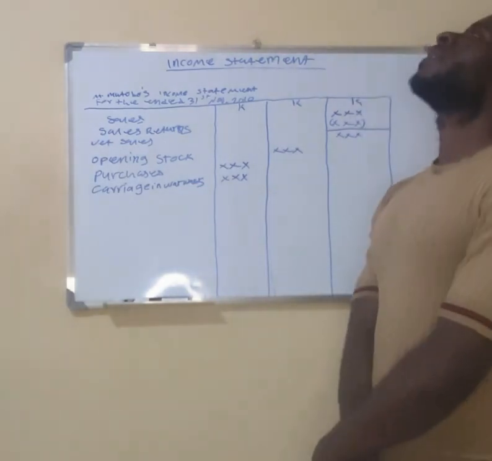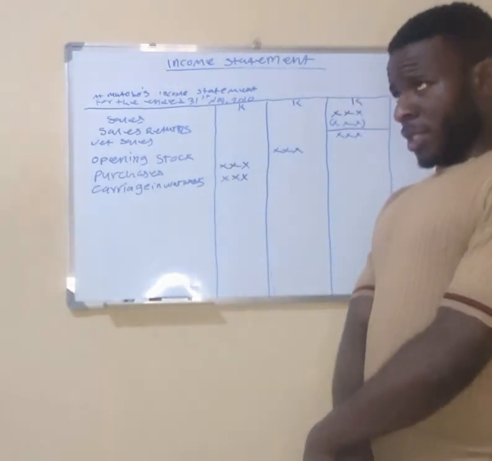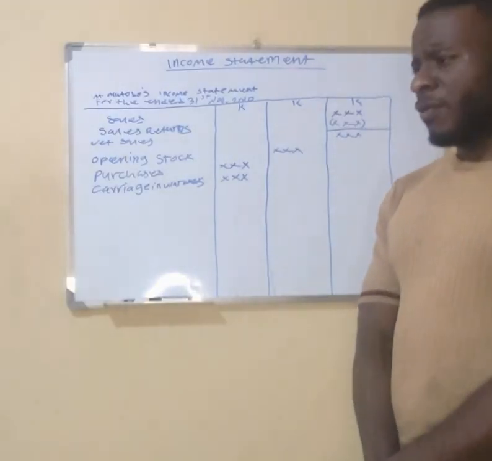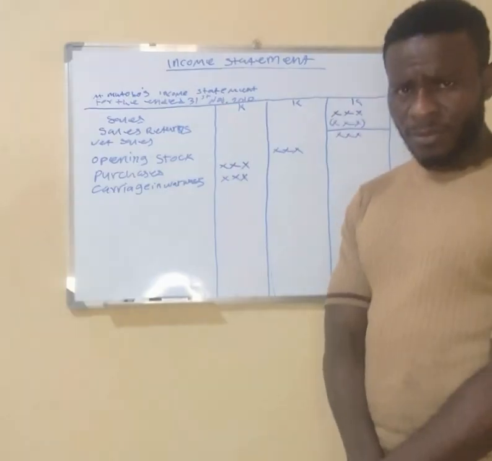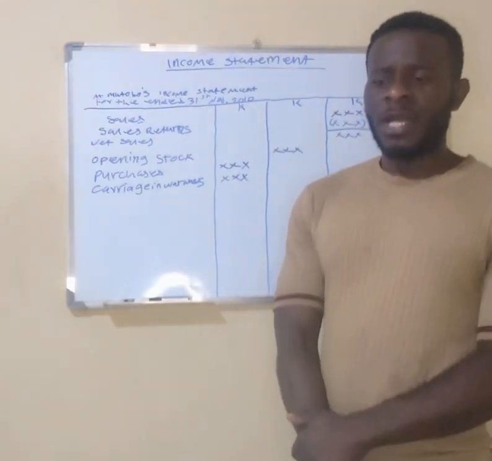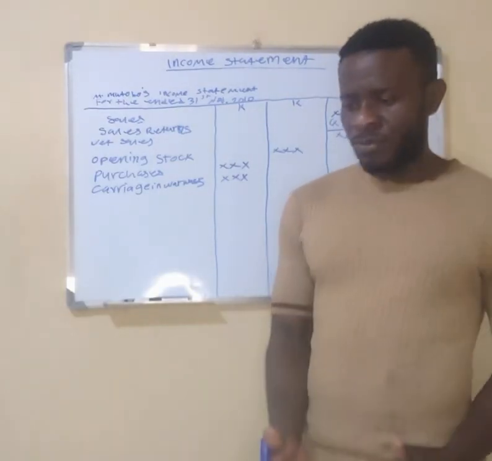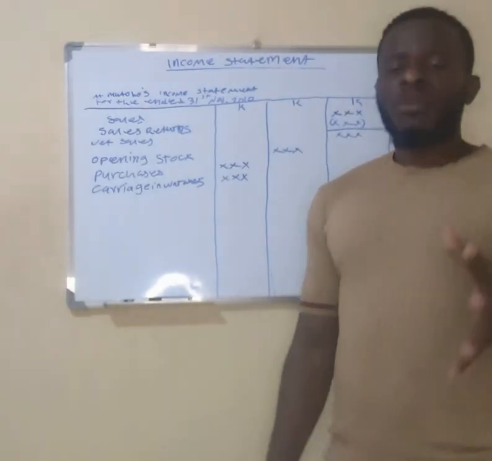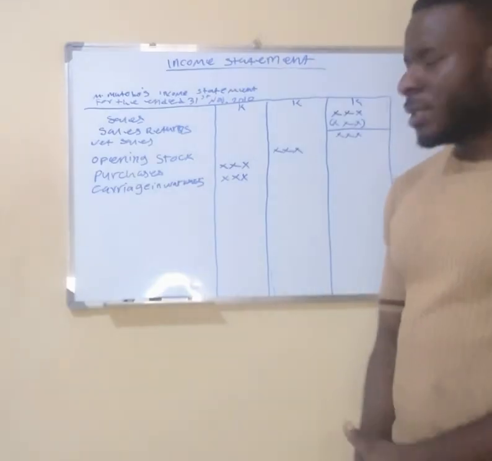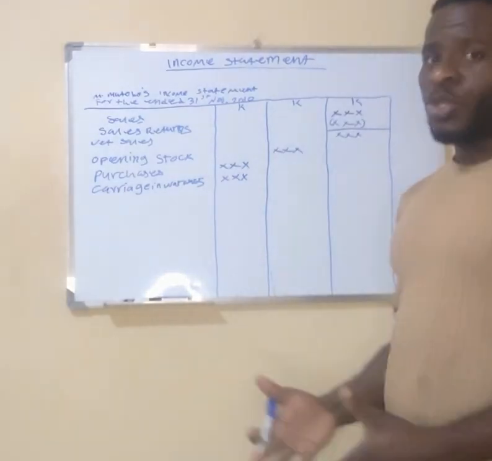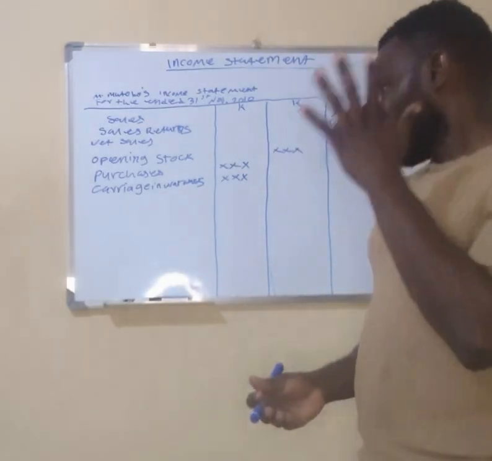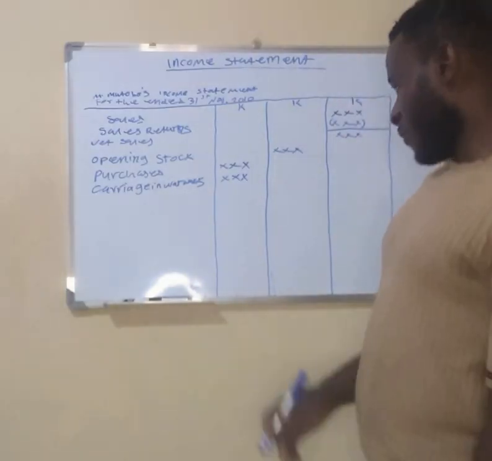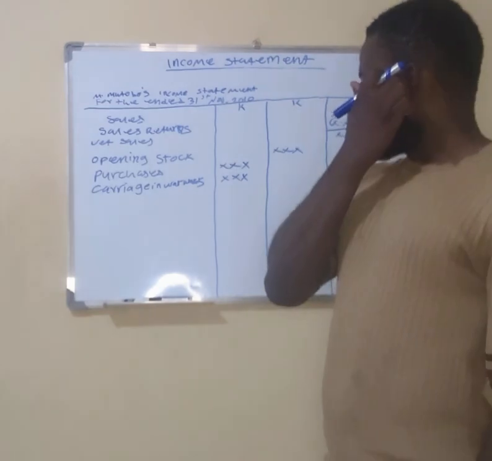And then you discover that out of the 50 boxes that you bought, 10 boxes contain defective goods. You won't keep them, you return them back to the manufacturer or the person that supplied you with those goods. You will have to return them. So that will be a deduction on the purchases.